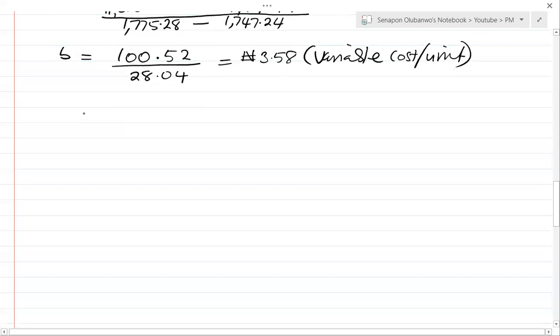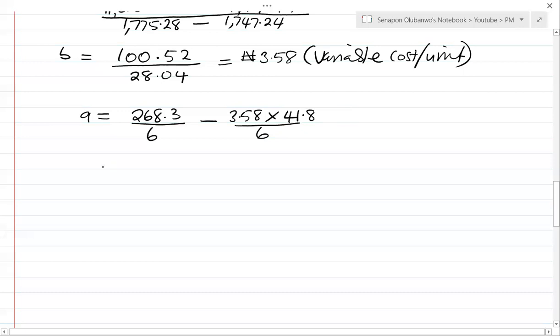Now for A, let's look at the formula: summation Y all over N. Summation Y is 268.3, divided by N, which is 6, minus B, which is 3.58, multiplied by summation X, which is 41.8, divided by also N, 6.